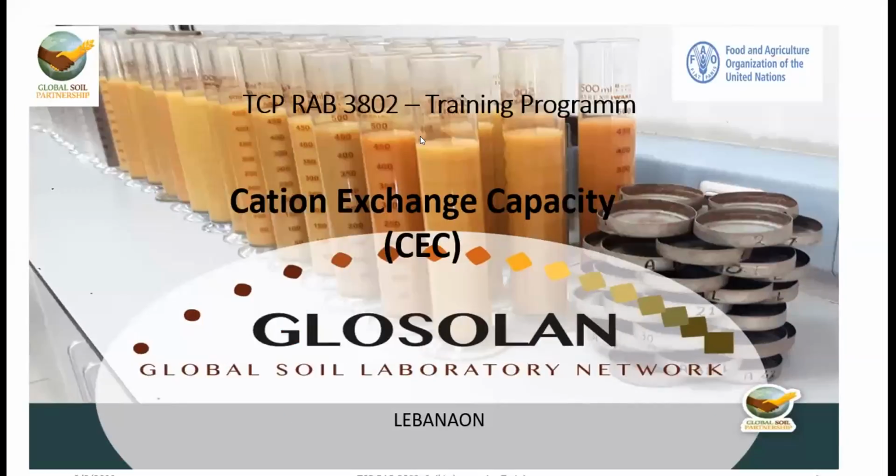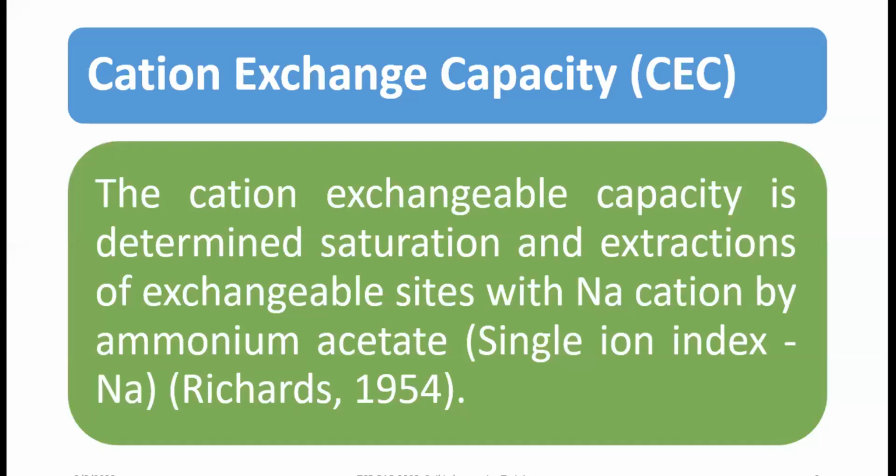So today is cation exchange capacity determination using ammonium acetate. Cation exchange capacity (CEC) is determined by saturation of the soil with sodium acetate, then the extraction of that sodium by ammonium acetate.